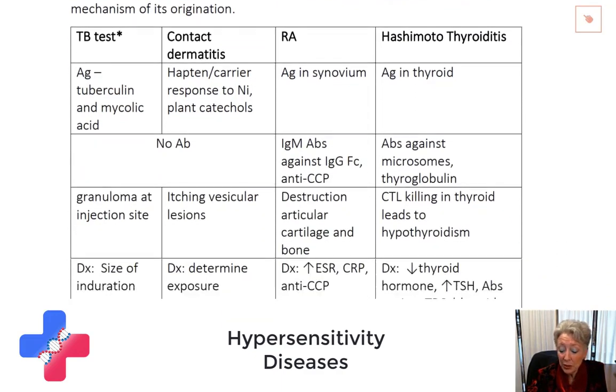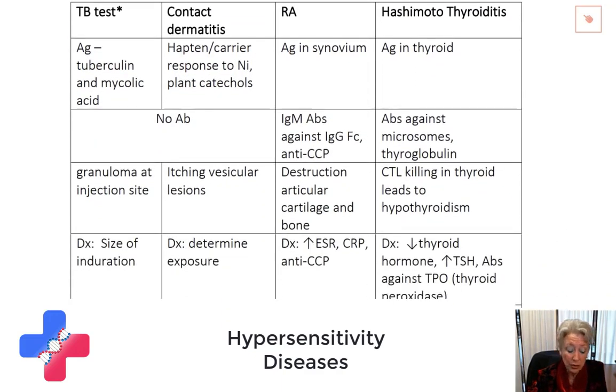Now, the classic, perhaps model example of a type 4 hypersensitivity is the tuberculin test. And remember, we have analogous tests that can be performed for leprosy or any other facultative intracellular pathogen. Because really what you're measuring is the normal physiologic response to an organism that is living inside your APCs.